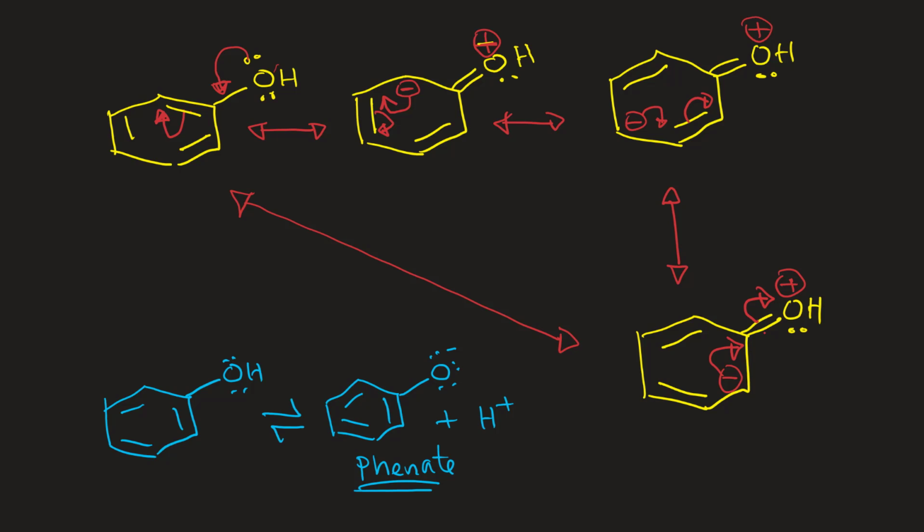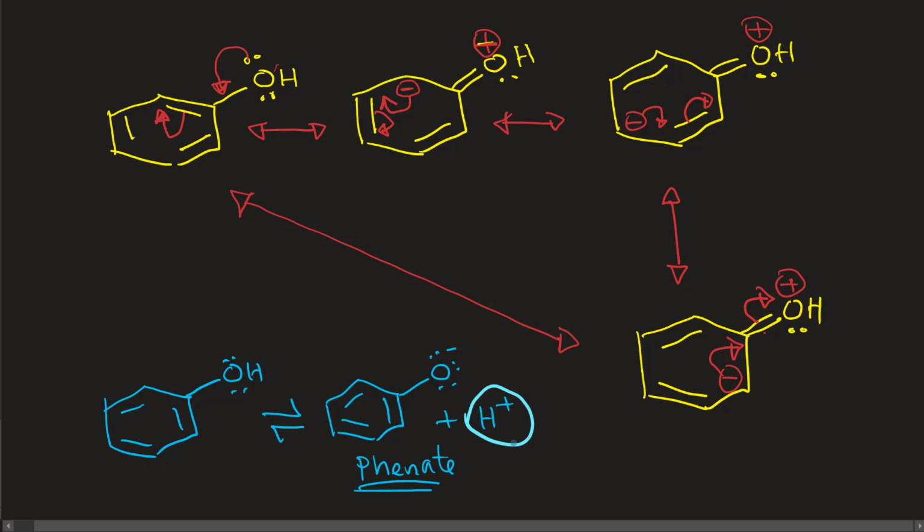Now if we leave behind the proton, let's say it is there in the solution, how do you do it? You can just cancel this proton and the positive charge on each of the drawings. That's basically the shortcut to make the phenate ion resonance structures. So draw them and see whether it satisfies the structures, and that's the goal.